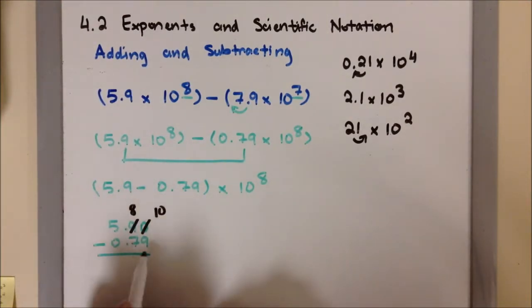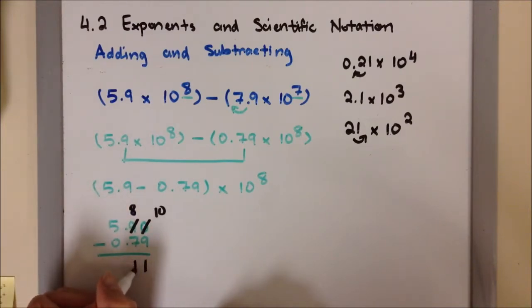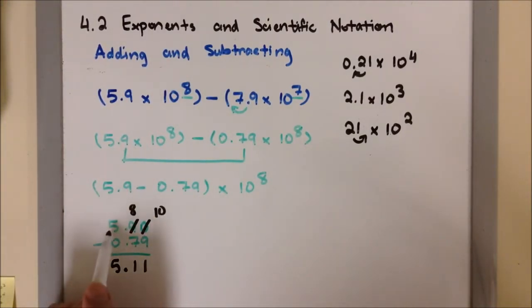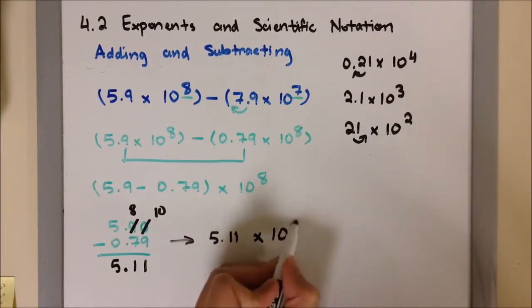So 10 minus 9 is 1. 8 minus 7 is 1. 5 minus 0 is 5. So the answer is 5.11 times 10 to the 8th.